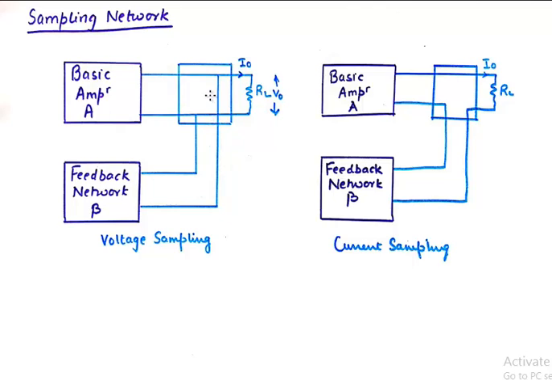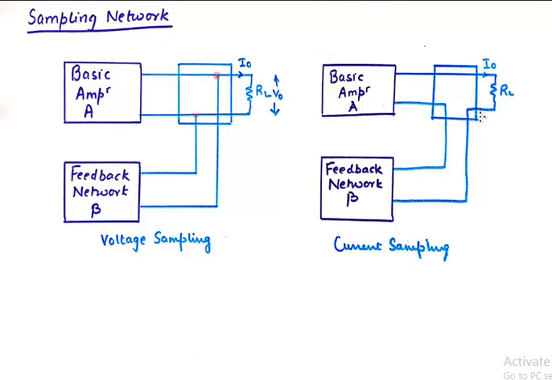And how can you relate this to the voltage sampling is that the voltage is always measured in parallel, right? So you take 2 parallel connections from the output terminals and feed it to the feedback network. That's how you can remember it.